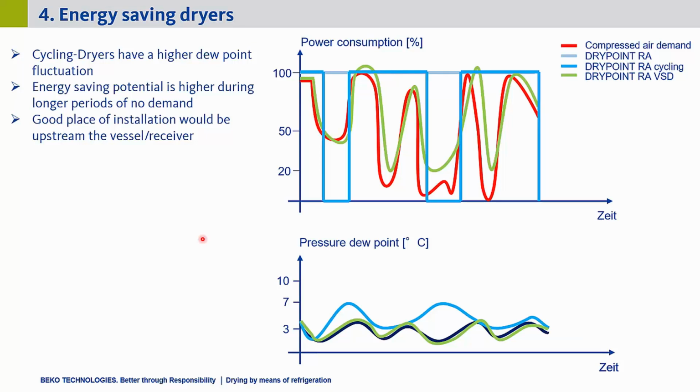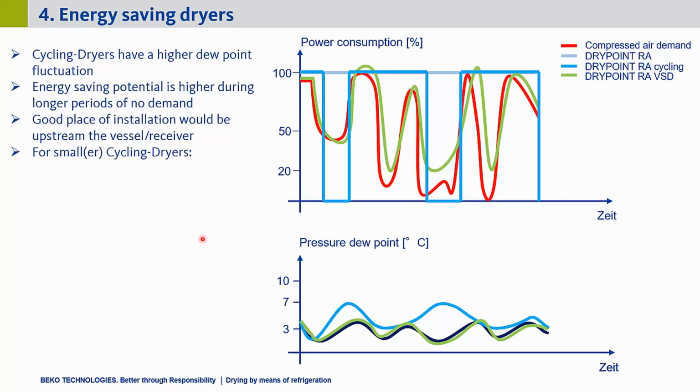If you place the cycling dryer behind the vessel and you have a continuous volume flow behind the vessel because all your applications are running all day, then you do not have these good saving potentials with a cycling dryer. That's why upstream of the receiver is a good place for a cycling dryer.